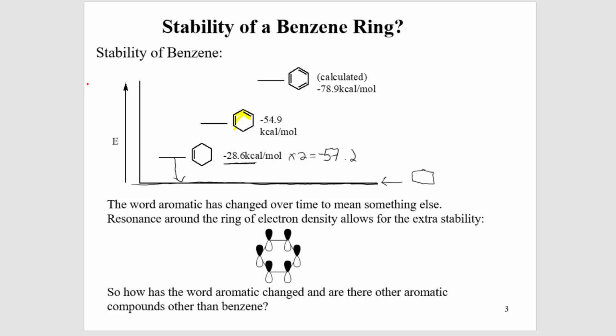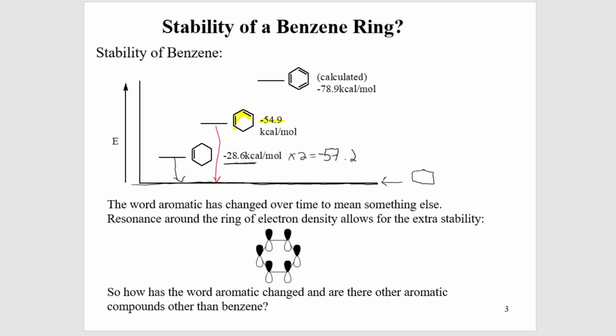So remember that when you have 2 double bonds that are conjugated, it's not going to be negative 57.2. It's going to be a little less than that. And that's exactly what we see. We see negative 54.9. So it is more stable than the calculated doubled negative 28.6. Right?